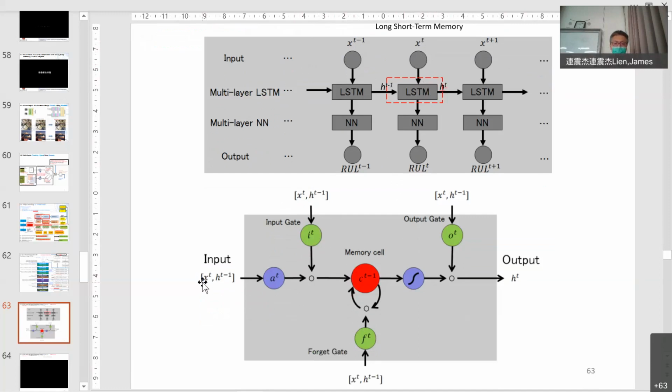So your input is a signal. There are 2 inputs. One is the current input.